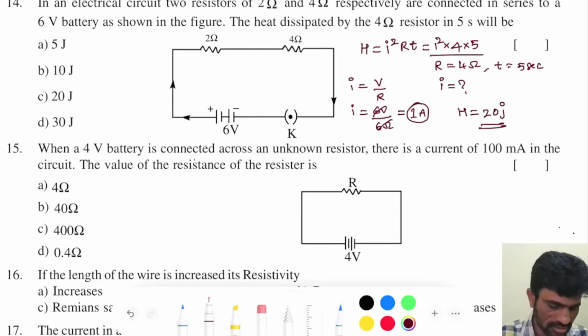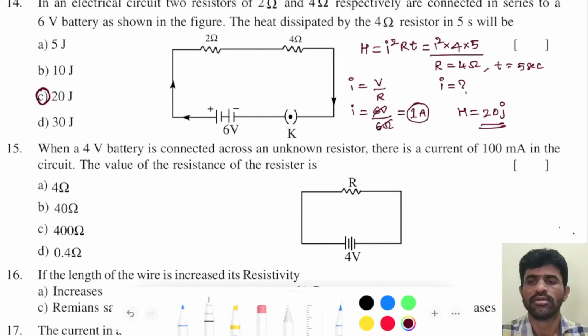Option C is correct. First you have to find out the current. Already you have resistance and time. This current, resistance and time you substitute in the formula, and we get the heat produced. Right. Now let's try question number 15.